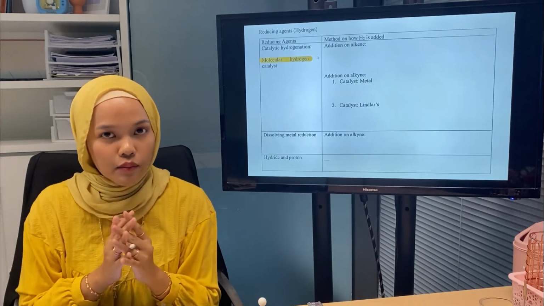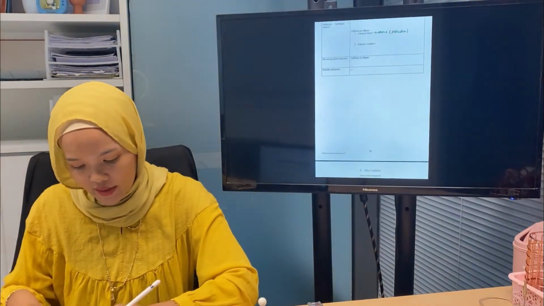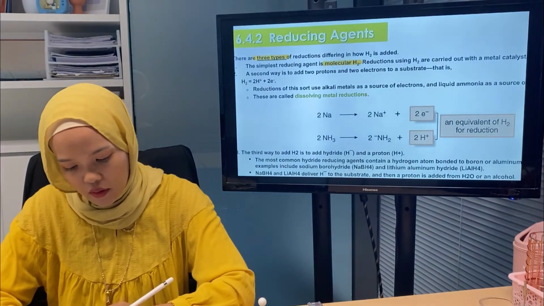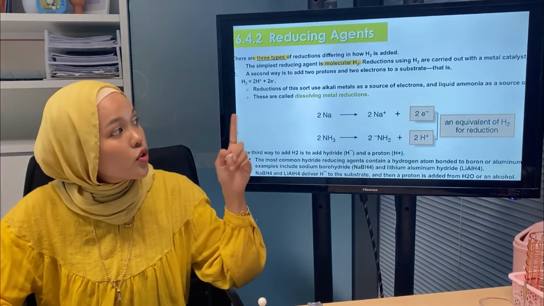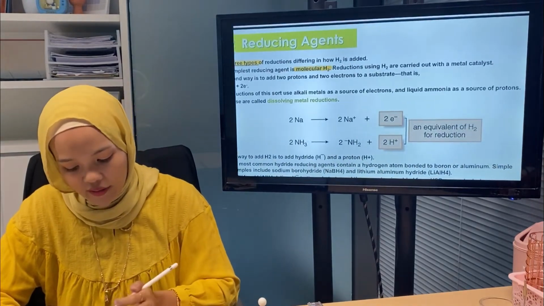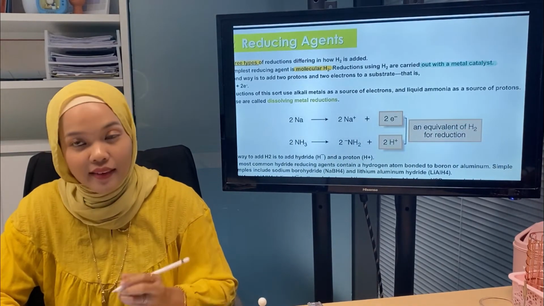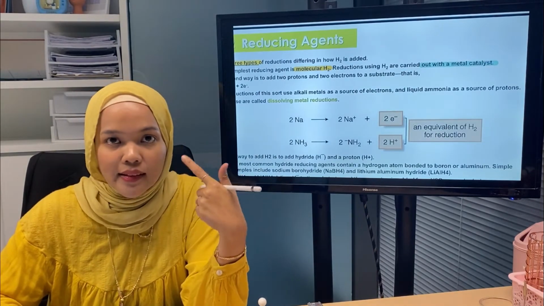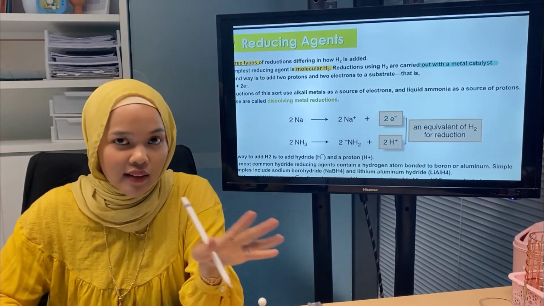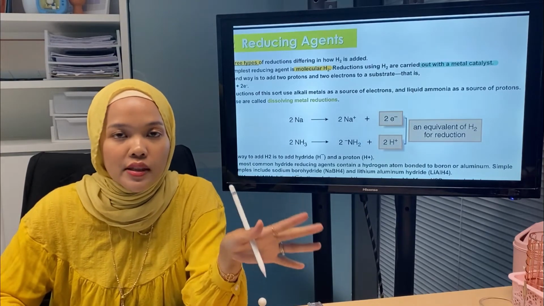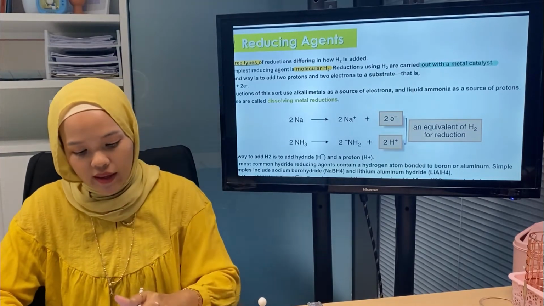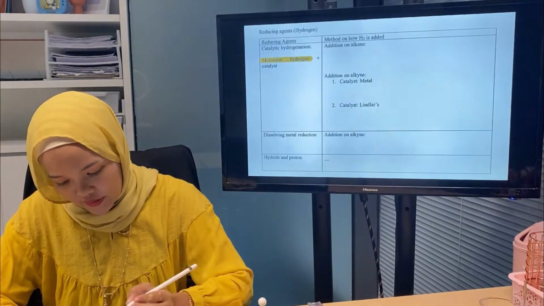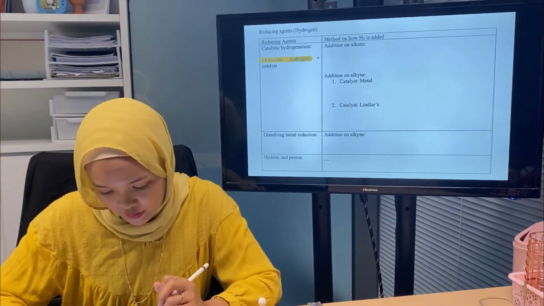They must come together. Do you understand? So reduction using hydrogen is carried out with a metal catalyst, for example palladium metal or platinum metal. Most of it uses a palladium catalyst. All good. So this one is addition on alkene.